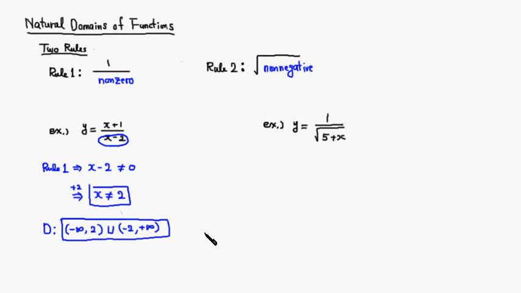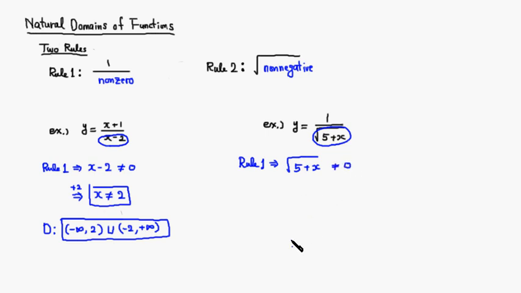So let's look at the next example. Now we see a fraction, and at the same time there's a square root. So we have to look at both of these rules. Rule 1 tells you that the denominator is the square root of x plus 5, plus x. The denominator cannot be equal to 0.